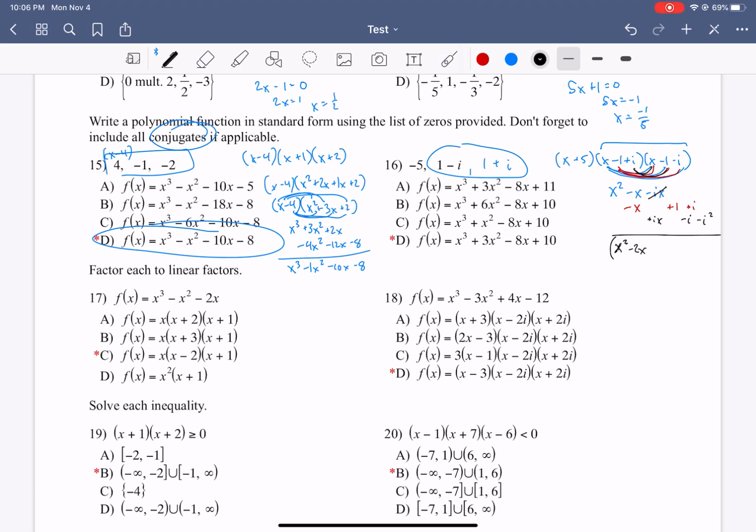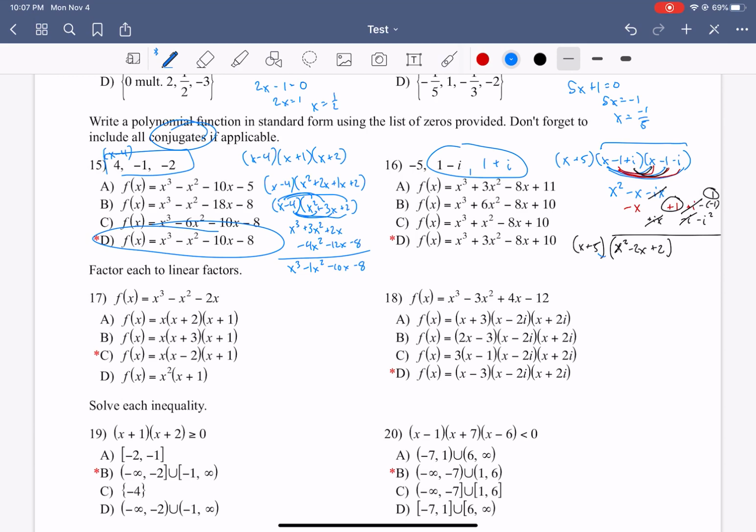We have a negative ix and a positive ix, so those cancel out. And the same thing happens with the i's. And we need to remember one last thing is that i squared is the same thing as negative 1. So this is just equal to 1. So then 1 plus this 1 will be plus 2. And we carry down that plus 5.